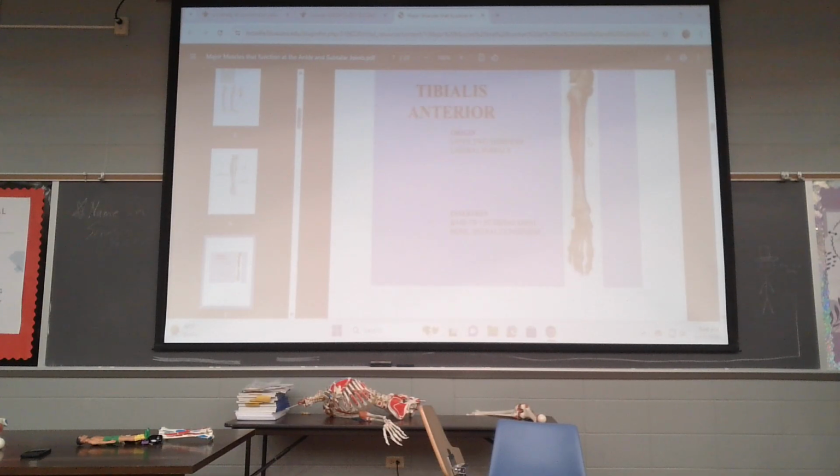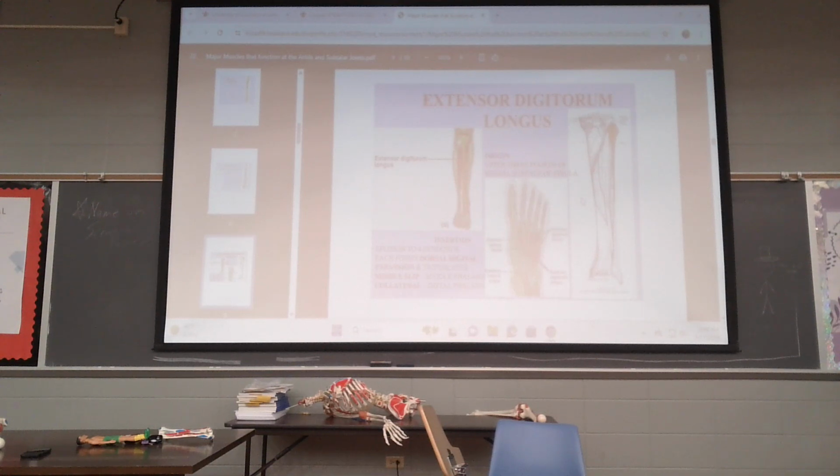Okay. So again, tibialis anterior, anteromedial, dorsiflexor inverter. Extensor big toe, anteromedial, dorsiflexion inverter. Digits, anterolateral, dorsiflexor everter. Make sense? And then our tertius is anterolateral, dorsiflexor everter.